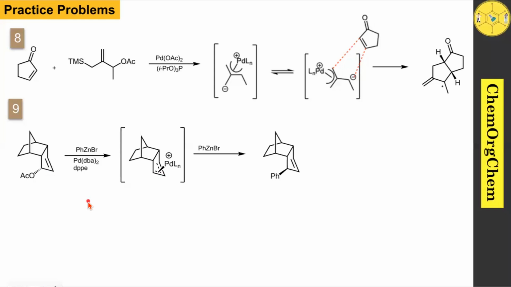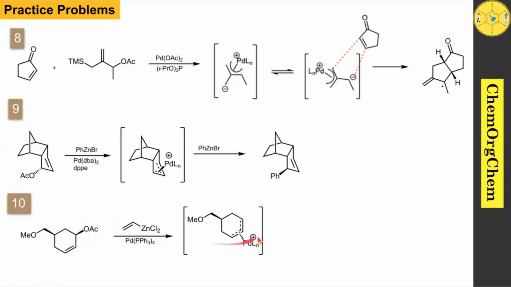So let's move to our 10th practice problem. This problem is also based on a hard carbon nucleophile. As per our first step of the reaction, the generation of the pi-allyl palladium cationic complex. Here you can see that the acetate is present at the top face, which acts as a leaving group, and readily produces this corresponding palladium pi-allyl cationic complex.